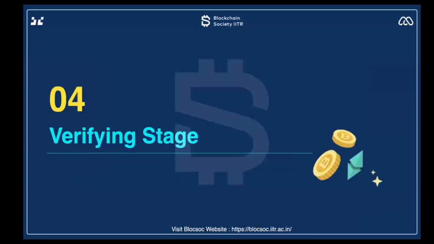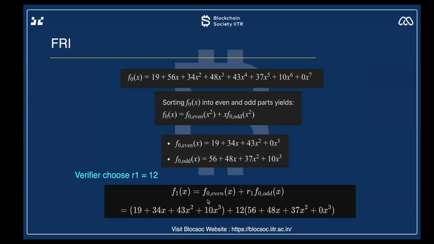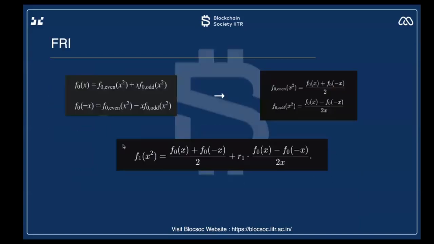And that is what we have done in this slide: we have represented f of even and f of odd in the original polynomial. So if we just substitute these values into this equation, you will get this final equation.